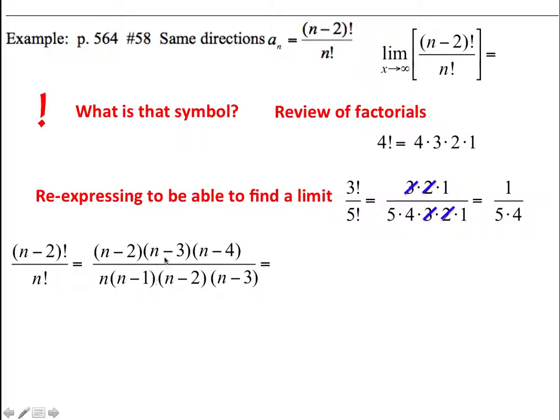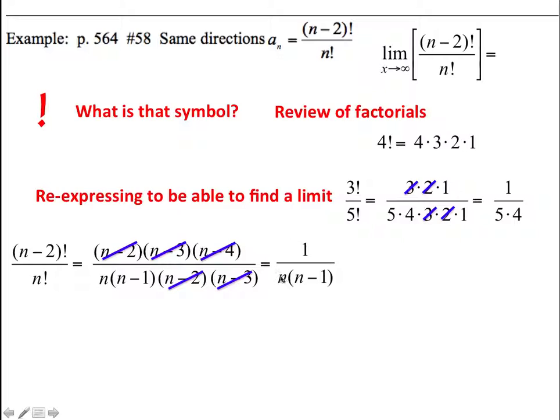Well, if you notice, after the n minus 2 term, things start canceling. This n minus 3 is going to cancel with this n minus 3, this n minus 2 is going to cancel with this n minus 2, this n minus 4 would cancel with this n minus 4 if I wrote it out far enough. So we're left then with 1 over n times n minus 1. So that's the simplified expression for this sequence right here.